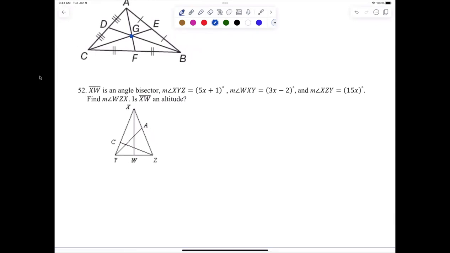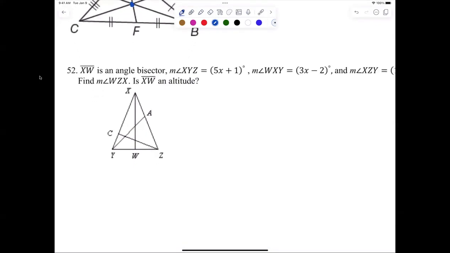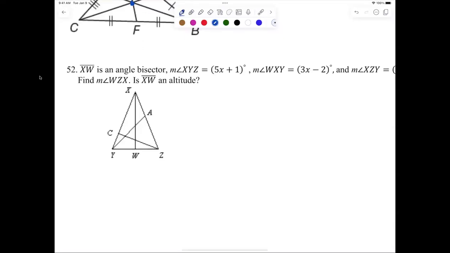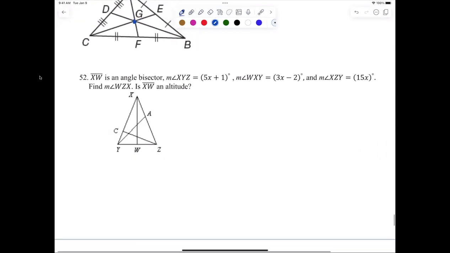XW is an angle bisector for XYZ. So that means, wait a minute, XW is an angle bisector for angle X. Well, that can't be right. Oh, I'm sorry. It's just saying XW is an angle bisector. XW is an angle bisector, so that means mark your figure. This is equal to this.